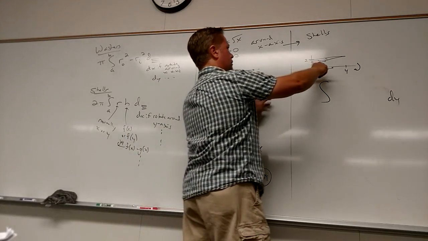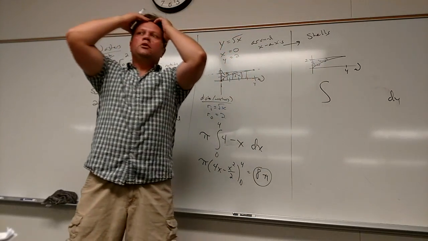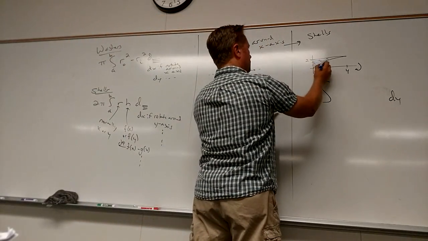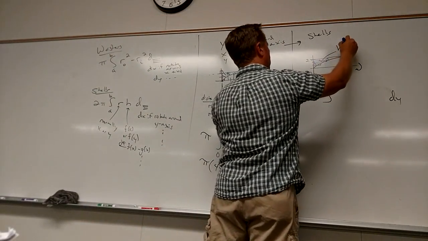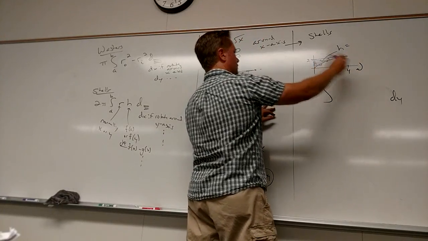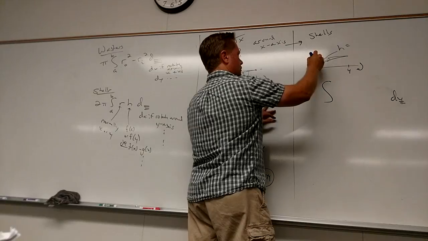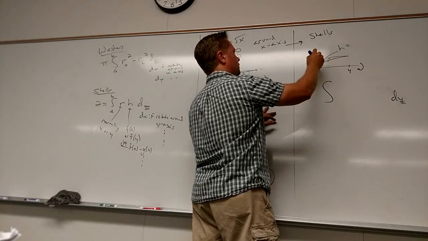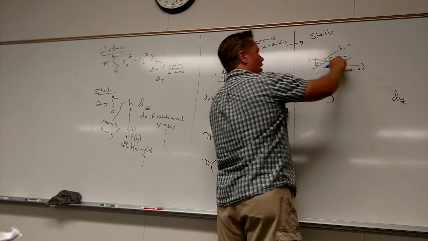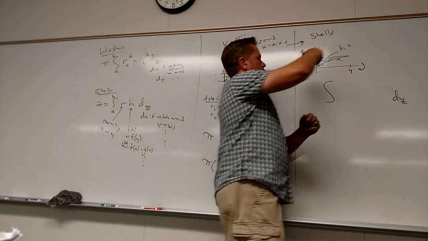So drawing this rectangle is stupid useful, because how tall is a rectangle going to be? What's the height of a rectangle? How tall is it? It starts at... What's the value of y here? 0. And it goes to, what was this again?